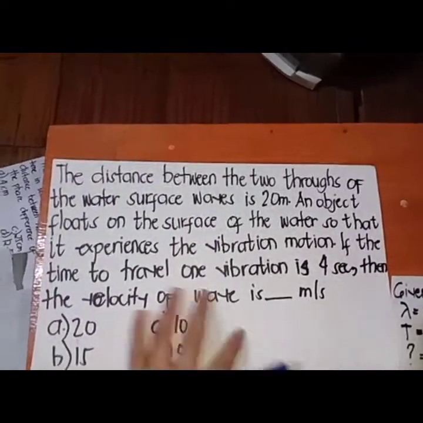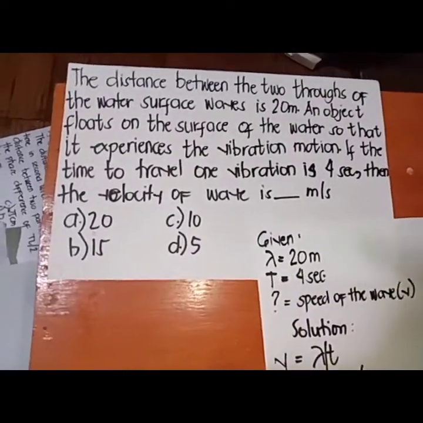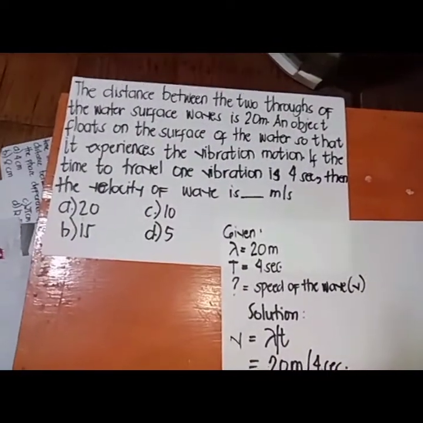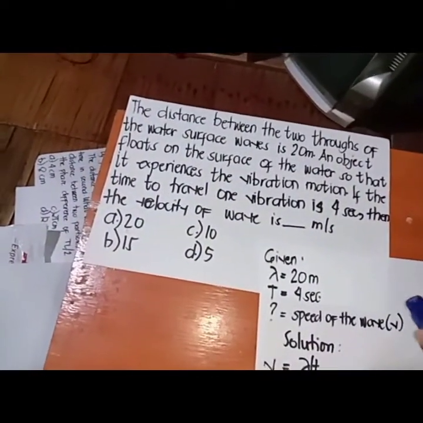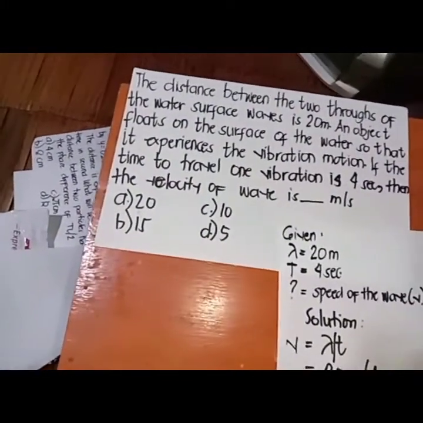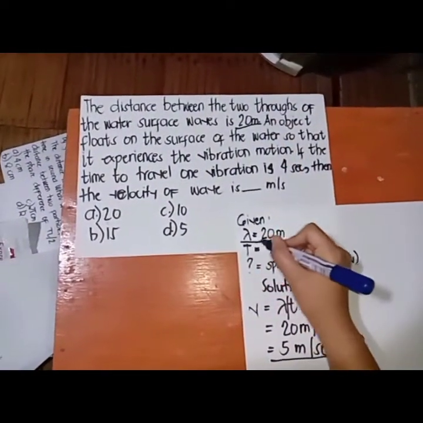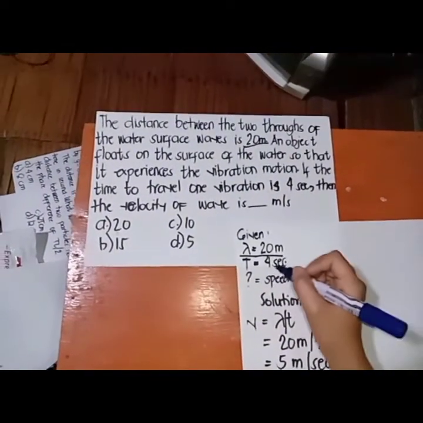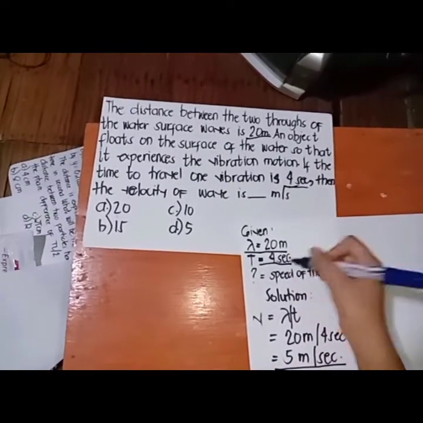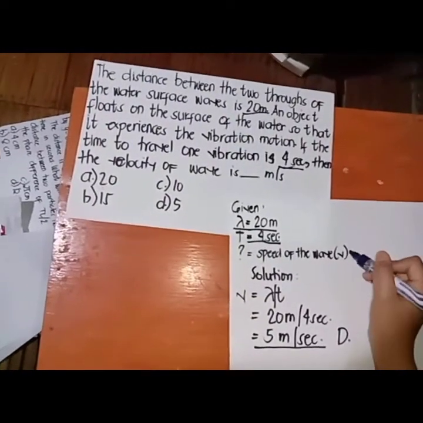So, our given in this problem is we have our wavelength of 20 meters, our period, which is 4 seconds, and what we want to get is the speed of the wave, or our velocity.